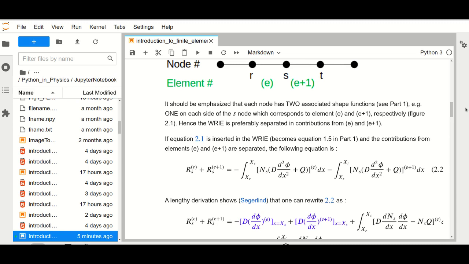Now, if we separate equation 1.5 into the elements e and e plus 1, we have equation 2.2.